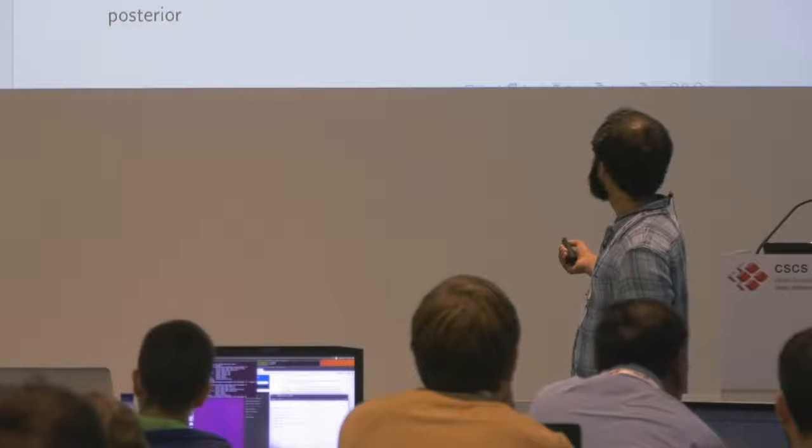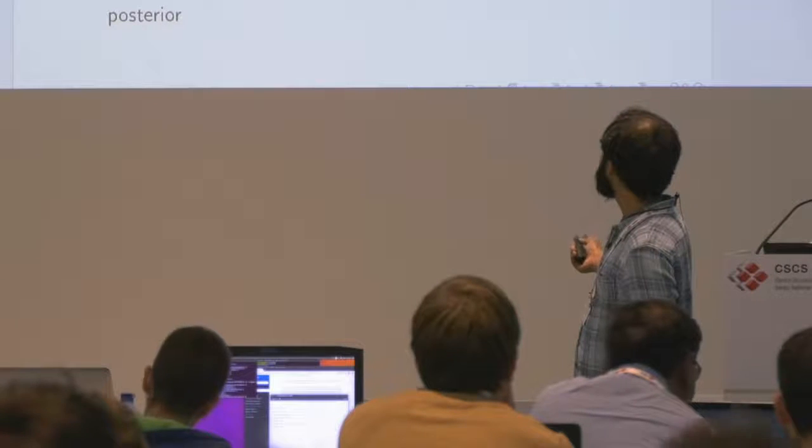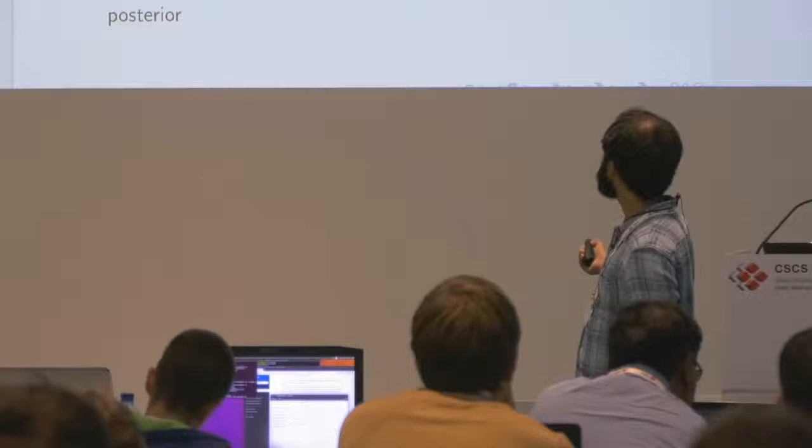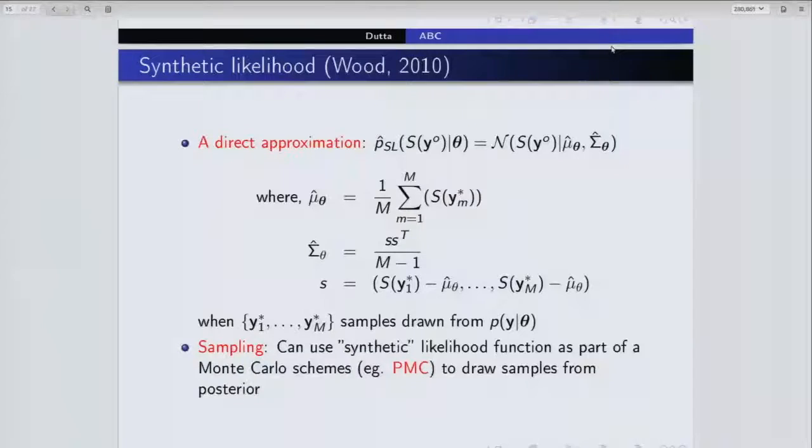What they basically do is estimate using a multivariate Gaussian distribution. So you have simulated these y_1 to y_m stars, let's say 100 simulated data sets from theta, and they are the summary statistics. Let's say you have 30-dimensional summary statistics, so you have a 30-dimensional data set 100 times.